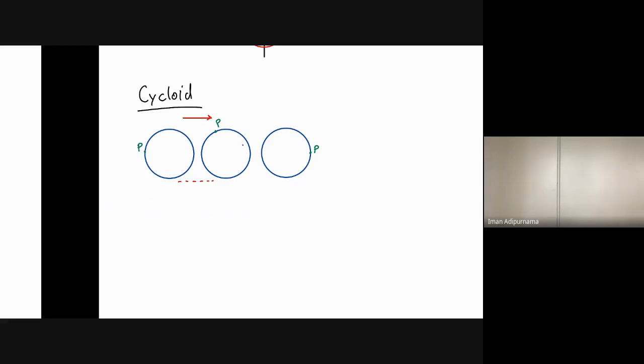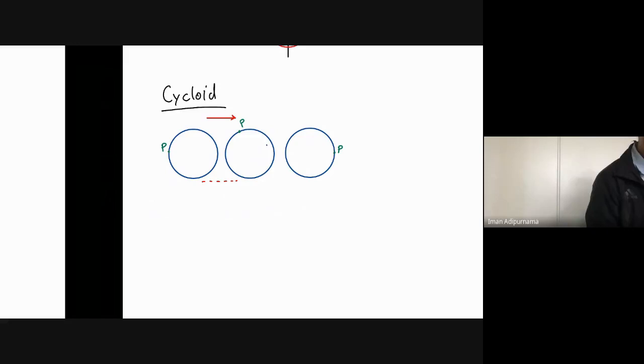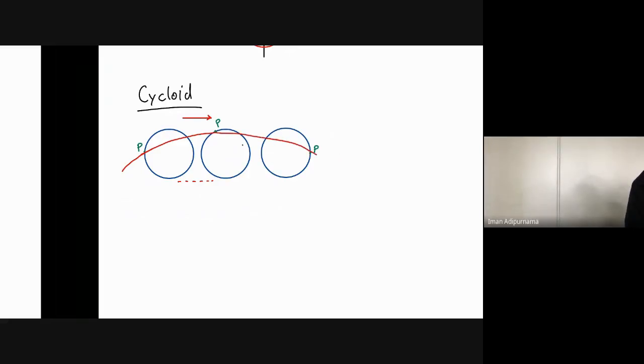And if I connect this P here and here at every possible point P, I can draw this P. So it will be from there, and then it continues one more time, continues again, and that is the cycloid. This red line is the cycloid.